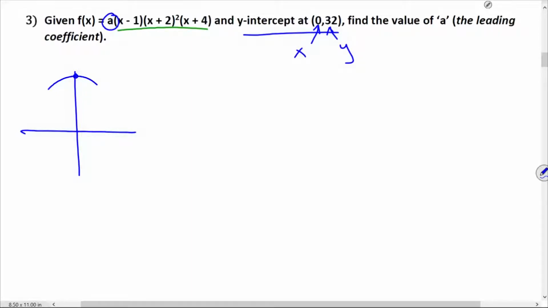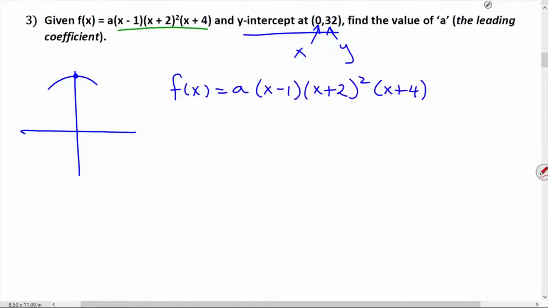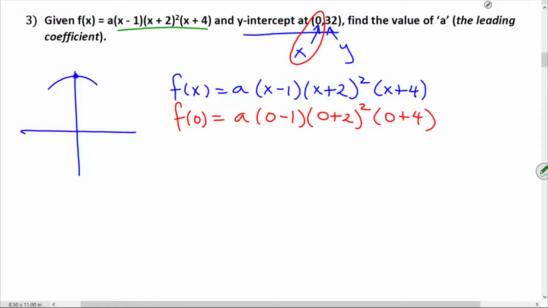So I'm going to copy down this function and plug 0 in for x. Now when x is 0, then y is going to be 32, so I'll plug in 32 here, because that's what y is when x is 0.